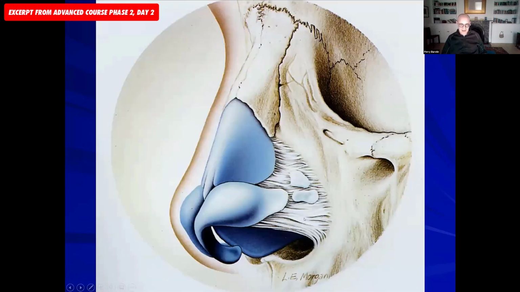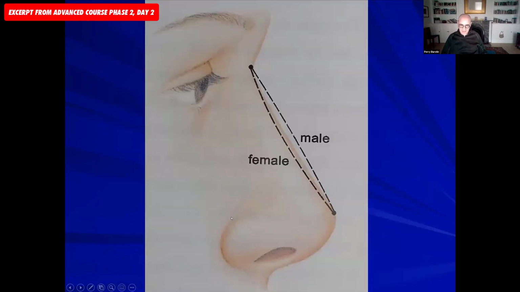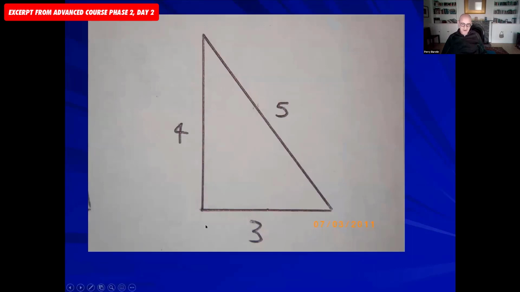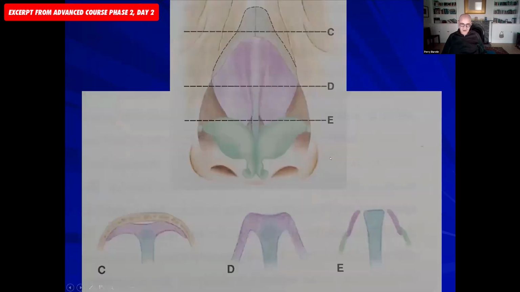So this is the anatomy we're talking about: bone, upper lateral cartilages in conjunction with the septum, and then we've got the lower lateral cartilages down below. The aesthetics in male to females, these are the angles. We generally speaking want to have a nice 3, 4, and 5 relationship of the nose.